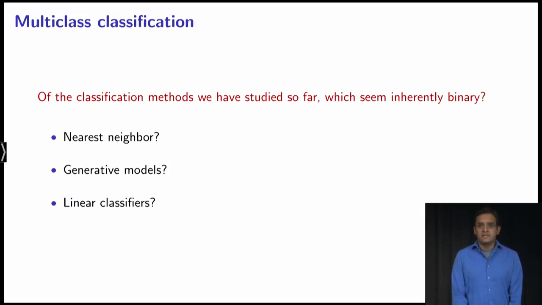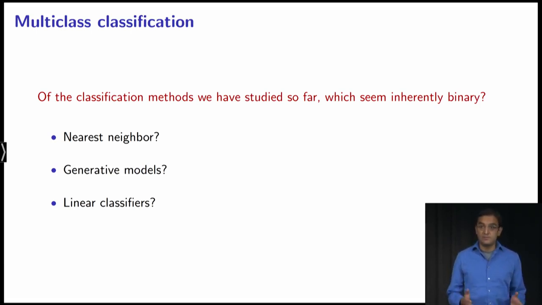In this class, we've studied all sorts of different methods for classification, and some of them are inherently multiclass. Nearest neighbor, for instance, just automatically adapts to however many classes there are. You don't need to do anything special at all. Generative models are also inherently multiclass.